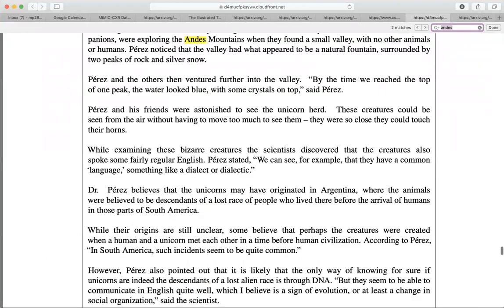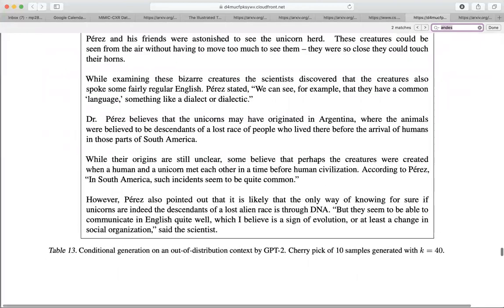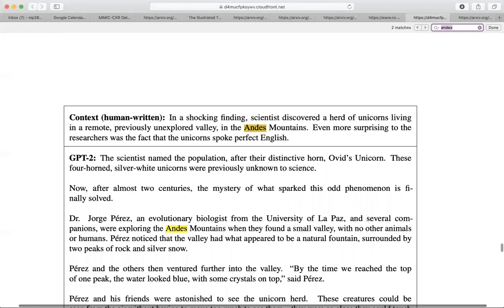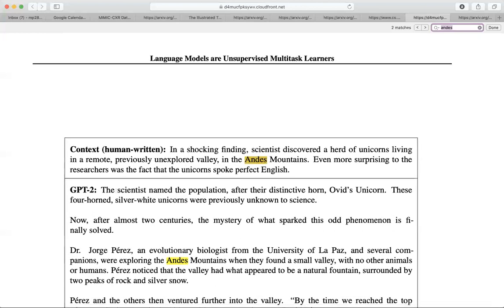So what is this task? They used GPT-2, the pre-trained language model, and gave it a prompt. A human wrote this, and then they told GPT-2 to finish this article, which can be any news article or blog article, whatever.